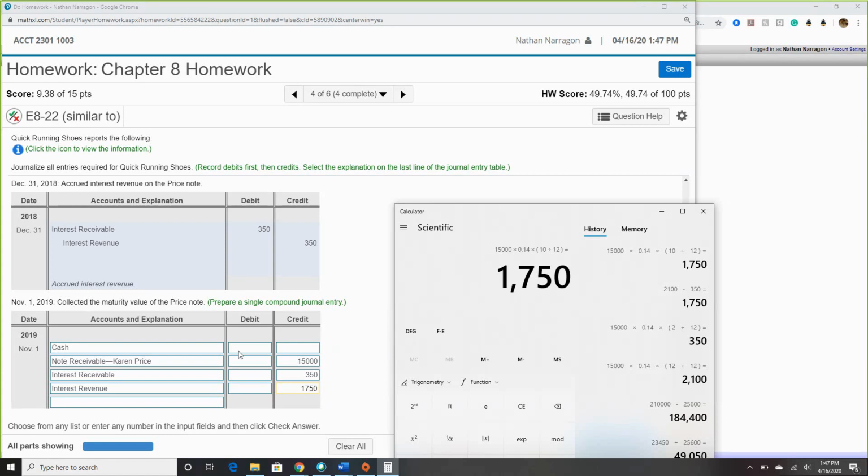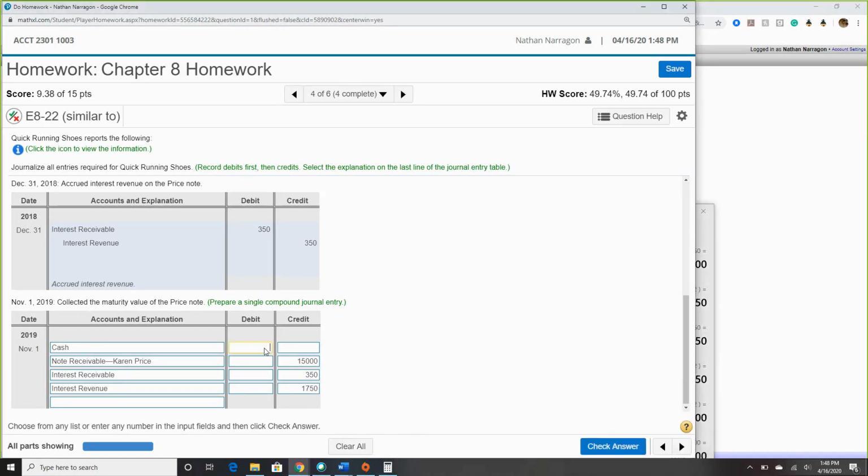So I still have to figure out how much cash I received. Well, all you do is take your credits and add them together. So 1,500 plus 350 plus 1,750. So the total cash I have received is 17,100.